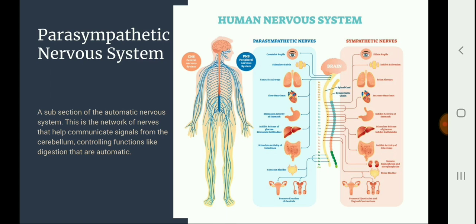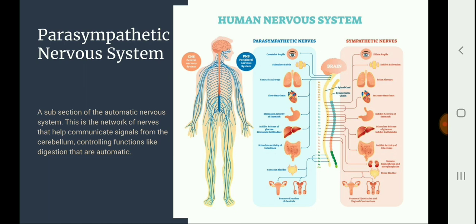This is the network of nerves that helps communicate signals from the cerebellum, that hindbrain, controlling functions like digestion that are automatic. So in comparison to the sympathetic nervous system, which is essentially our fight or flight response, we cannot control our dilated pupils. We cannot control whether or not we're going to breathe automatically, if our heart is going to pump, if our body's going to digest food, or if we're going to create urine or feces.